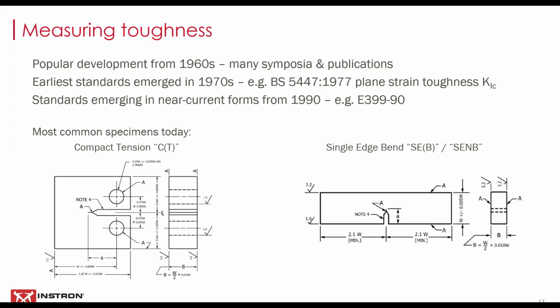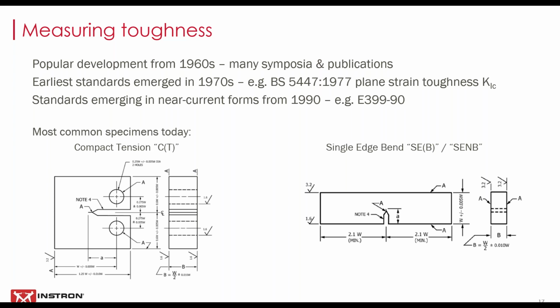And we've seen test methods emerging in forms which look familiar from about 1990. There's been some really great improvement on reproducibility since then, but the concepts were getting to a point of being fully mature.